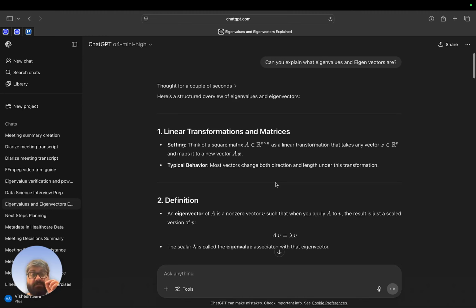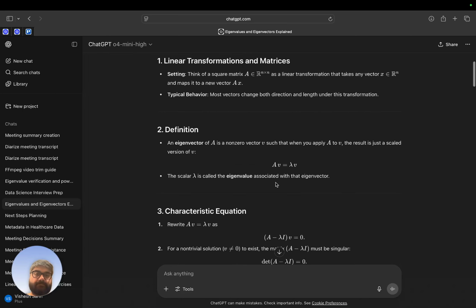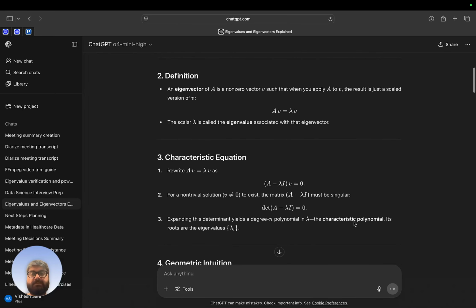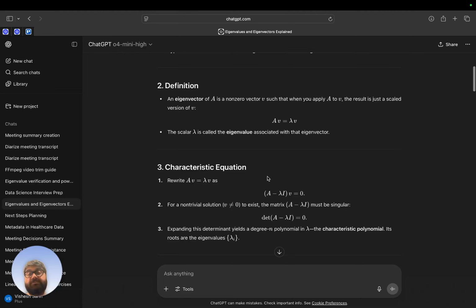Any such matrix will have eigenvectors, and an eigenvector is defined by this: when you apply that transformation to an eigenvector, you get the same vector scaled, and the scalar is the eigenvalue, right? To write that equation, Av equals lambda v, lambda being the eigenvalue, v being the eigenvector.